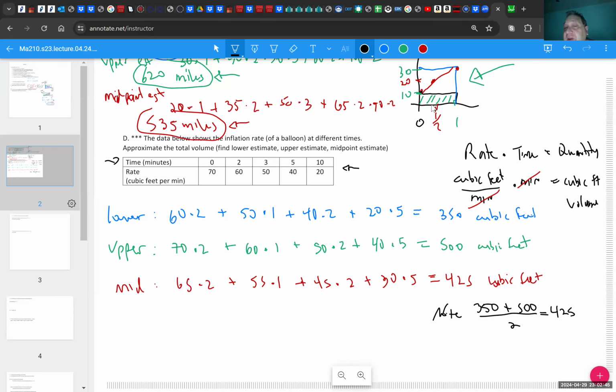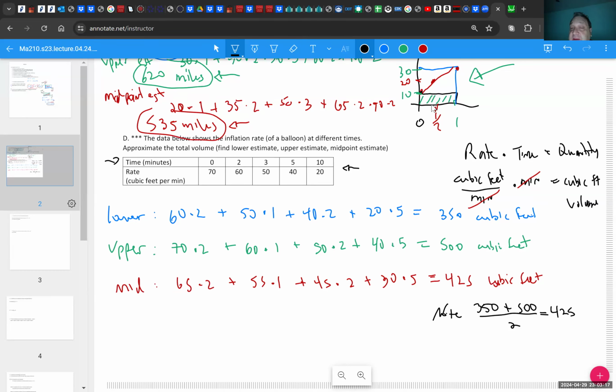All right, so hopefully you had a chance to try that yourself. I have my work here, my calculations for the lower, upper, and midpoint estimates, and you can check to see if you have the same calculations. The results are 350 cubic feet for the lower estimate of the volume, 500 cubic feet for the upper estimate of the volume, and 425 cubic feet if I use the middle of those two rates to calculate the quantity.